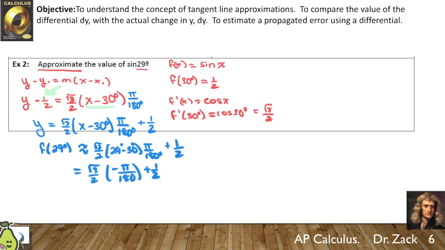Now you don't have to get too worked up about simplifying. If you want to write 1/2 minus √3/2 times pi over 180, that will be just fine.